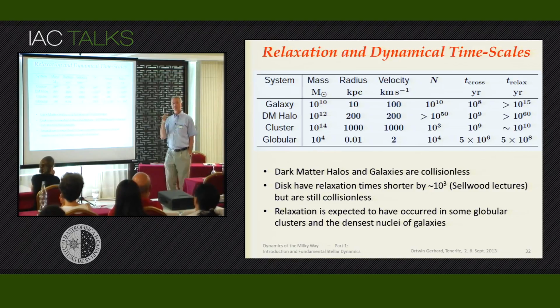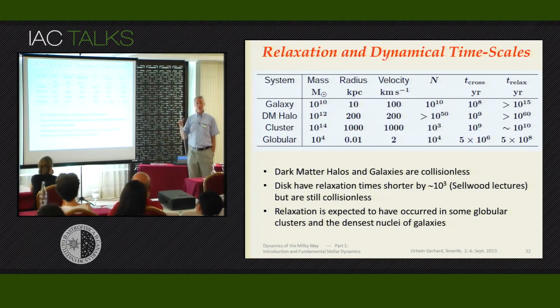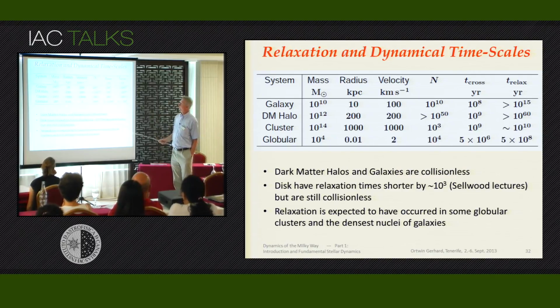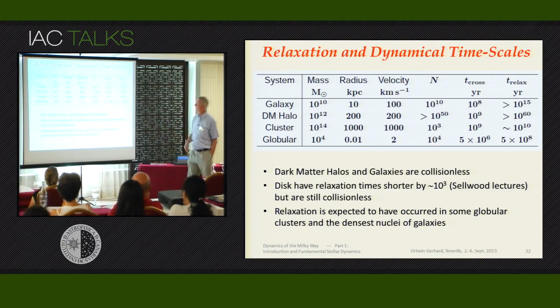And then the only stellar systems which have some possible effects of relaxation are the star clusters and the galaxy clusters. In the galaxy clusters, it depends on the details, but you have a typical number of about 1,000 objects, rather long crossing time, but with 1,000 objects, the relaxation time is not many crossing times, and so it's about equal to the age of the system.